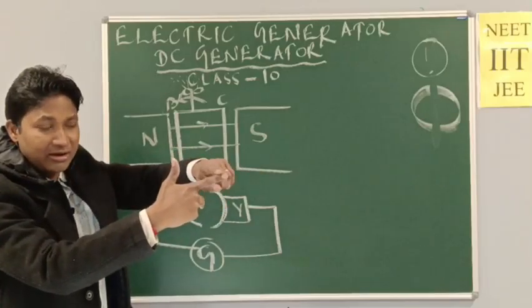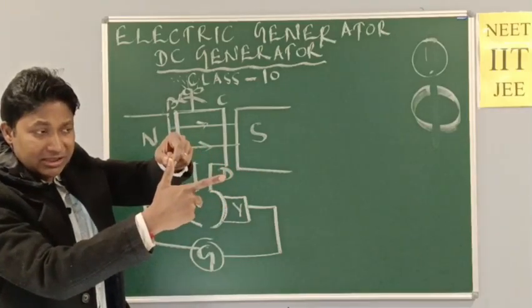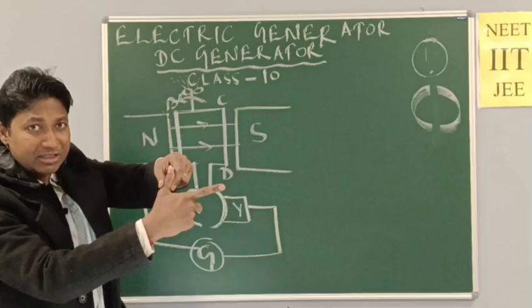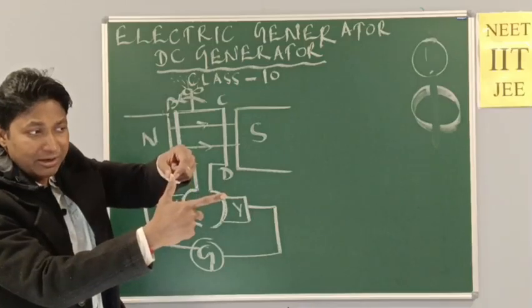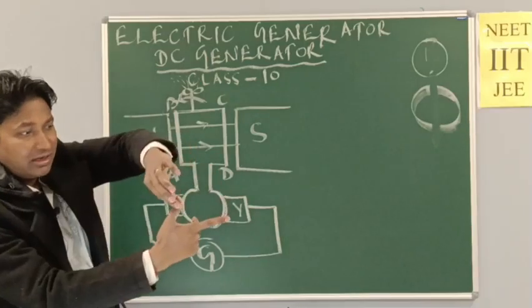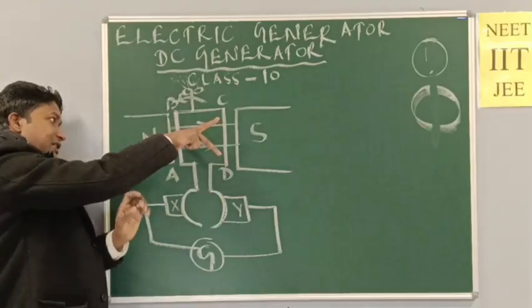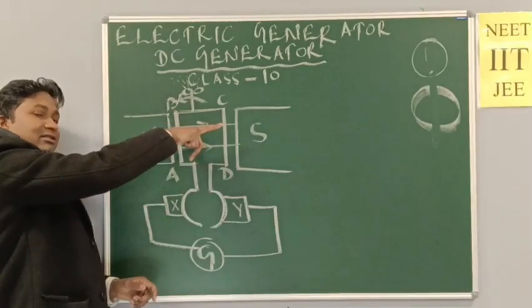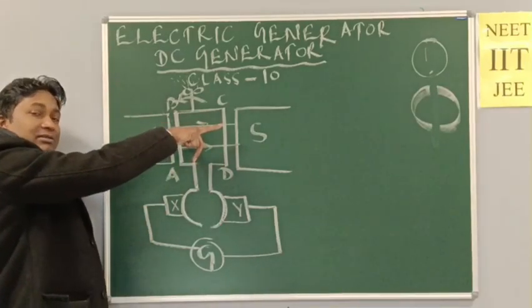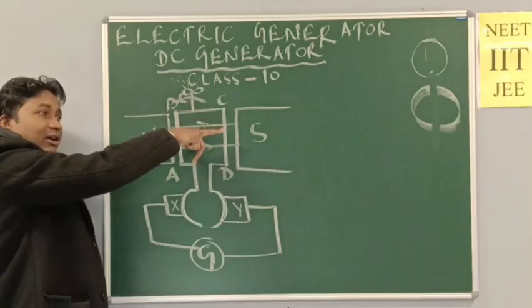This is the magnetic field. This is the thumb, and thumb means arm AB. AB goes inside. This is the forefinger, the magnetic field.